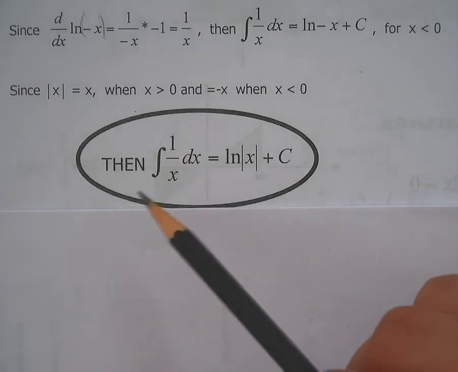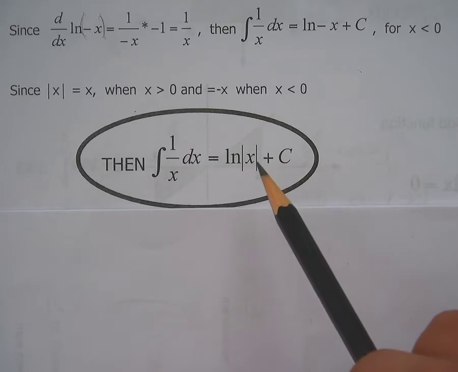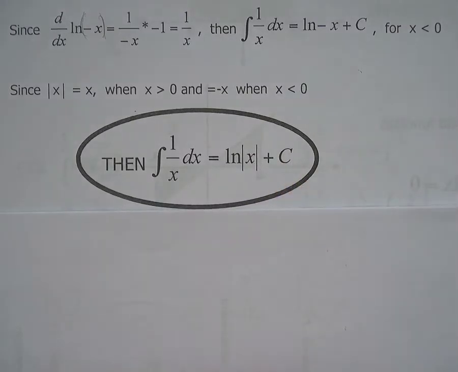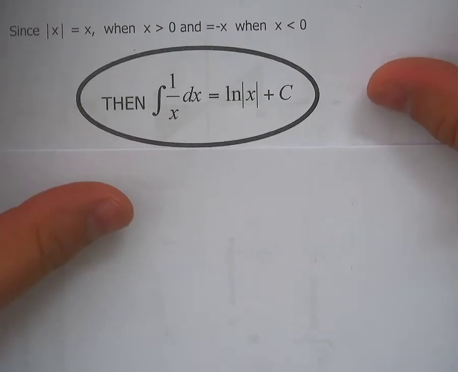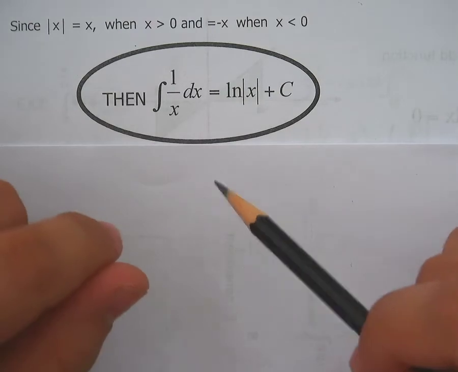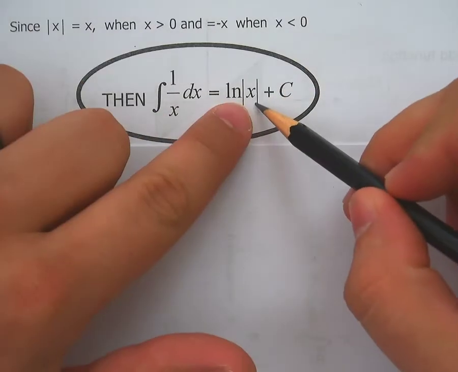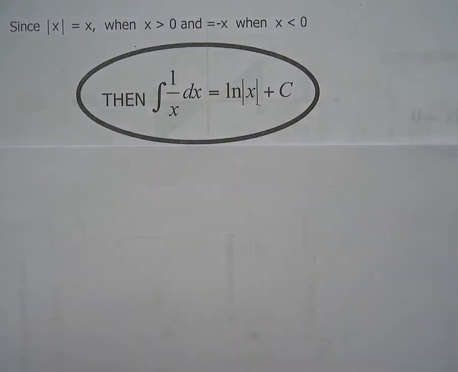Then we have the integral of 1 over x dx is the natural log of the absolute value of x plus c. This giant paragraph up here was just to explain that when you take the integral of 1 over x, you get the natural log of x. But this has to be inside of an absolute value because we have to account for the fact that it cannot be negative. Okay? So, long story short, look at the bubble.